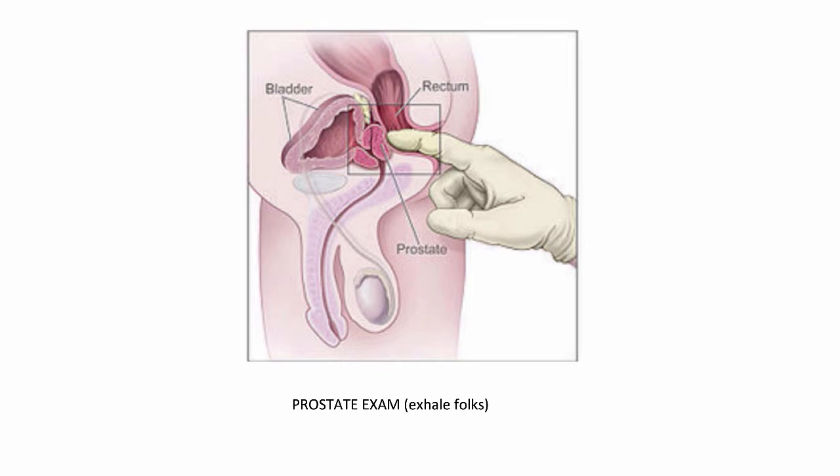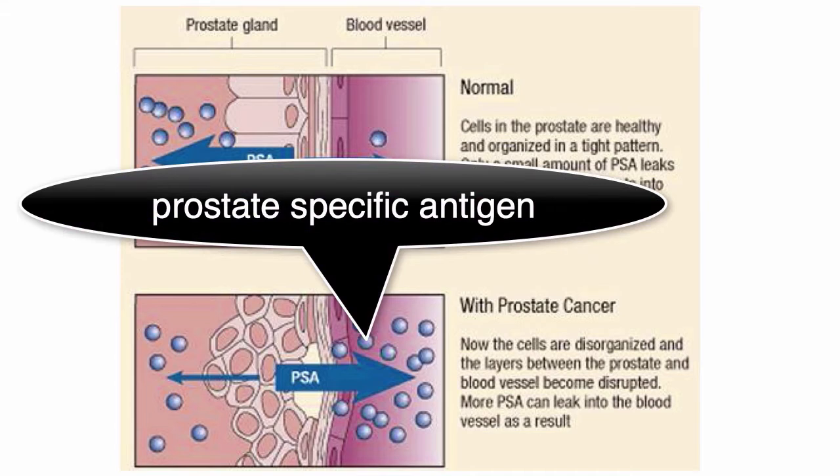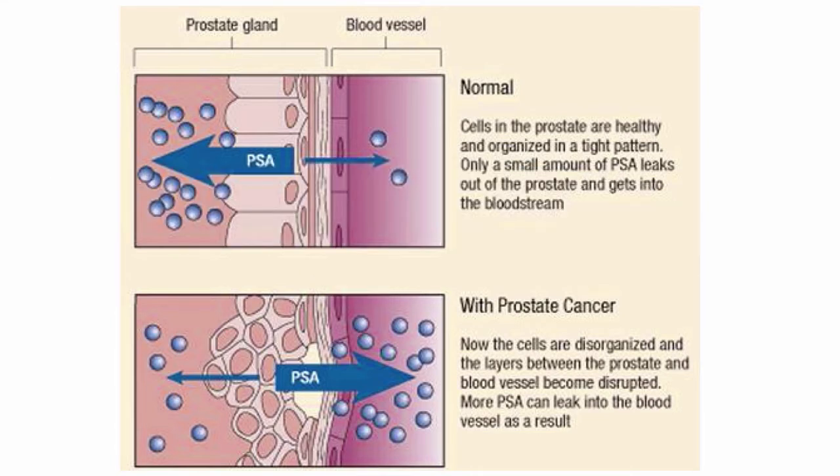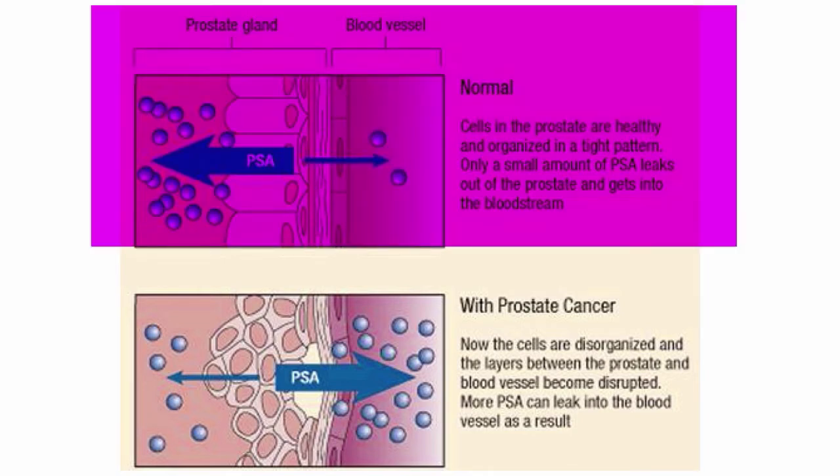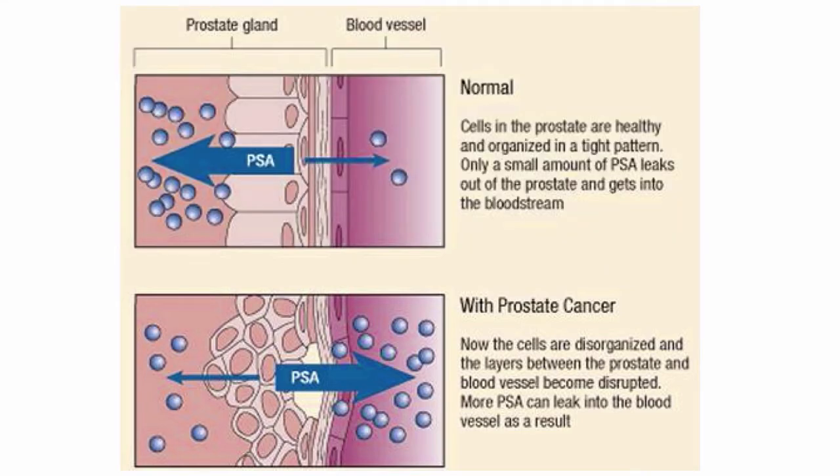But the PSA test, it's not a public service announcement. It stands for prostate-specific antigen. In the absence of prostate cancer, the cells in the prostate are healthy, they're organized in a tight pattern, and only a small amount of this prostate-specific antigen will leak out of the prostate gland itself and get into the bloodstream.